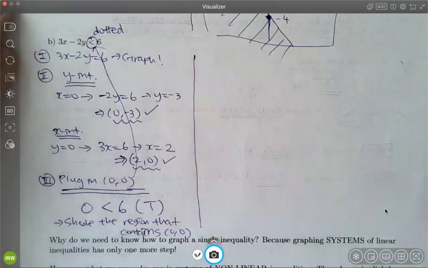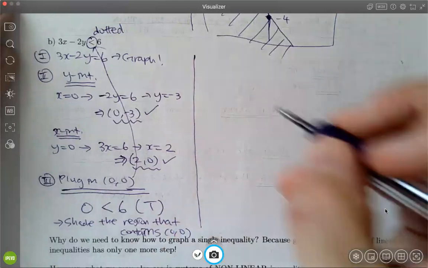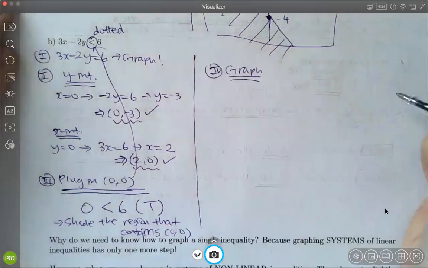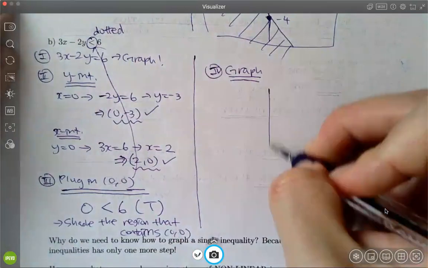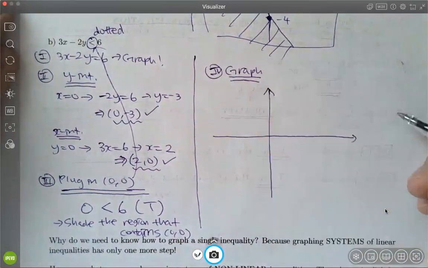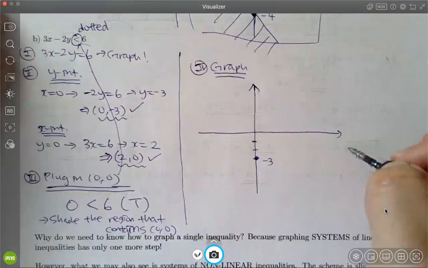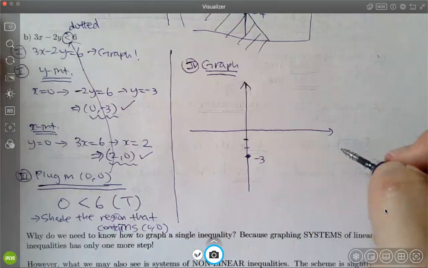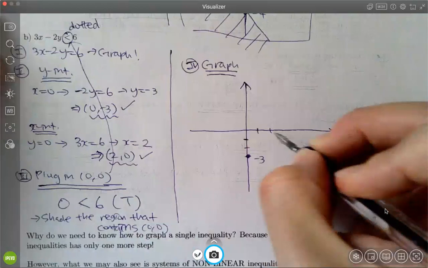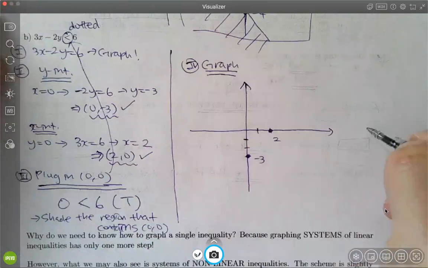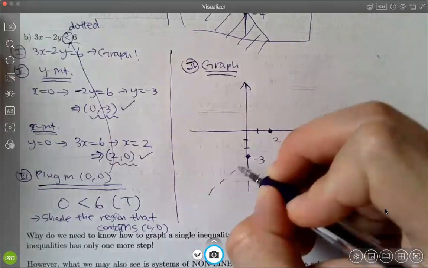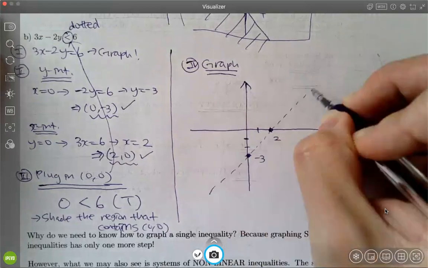Okay, so graph. So the y-intercept is at 0, negative 3, so 1, 2, 3 down. And then the x-intercept is at 2, 0, so here is 2. And now remember, we have to have a dotted line, so dotted line, like this.